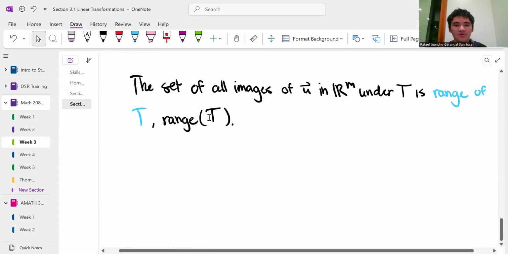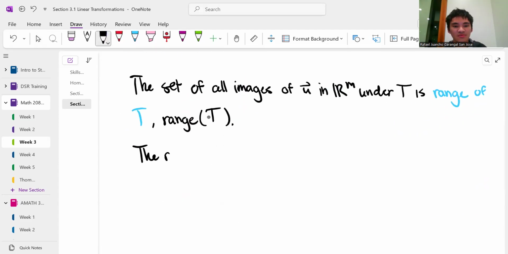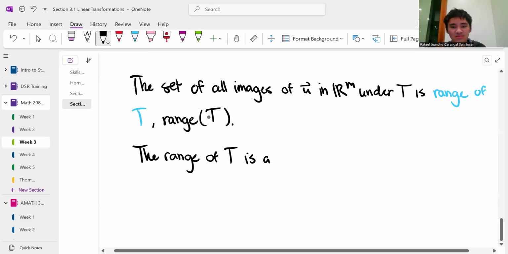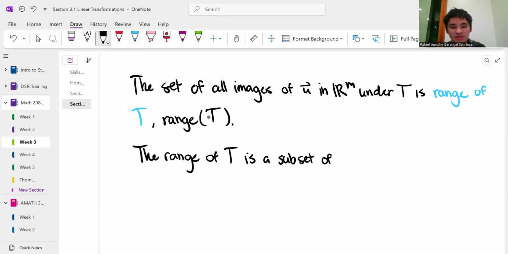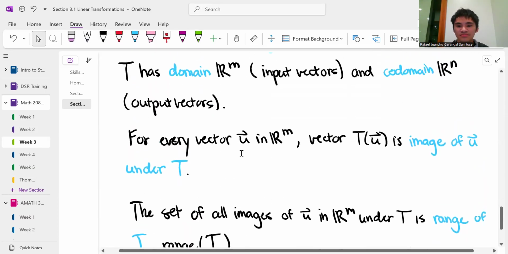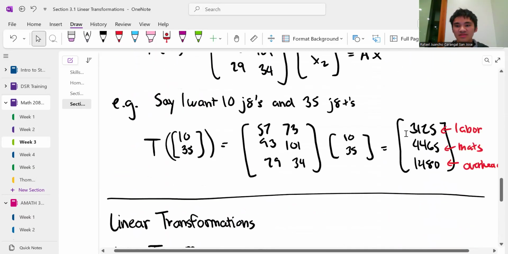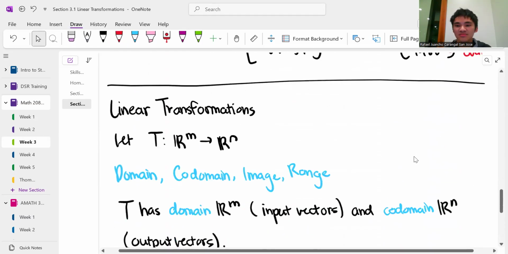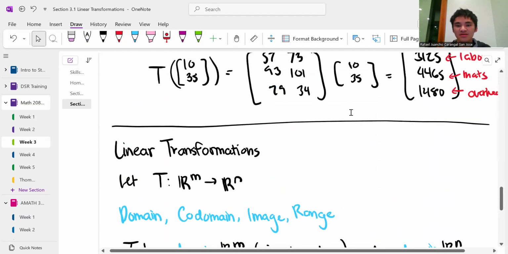Okay, we're going over this bit by bit. Now we're saying the range of T is a subset of the codomain of T. How do we know? Well, if we have this codomain, say in this example, this is our domain.